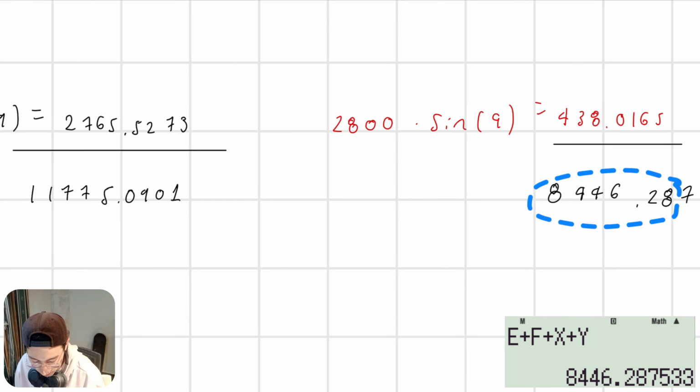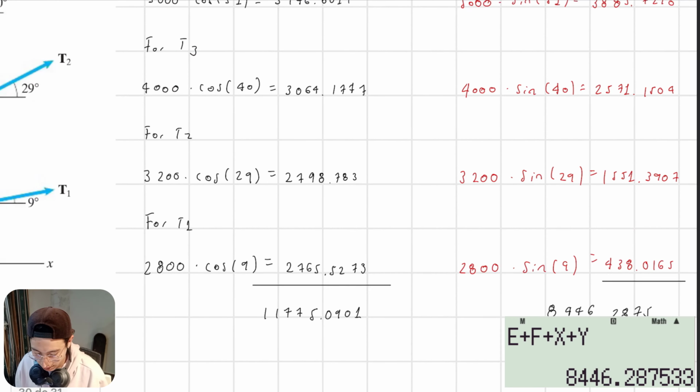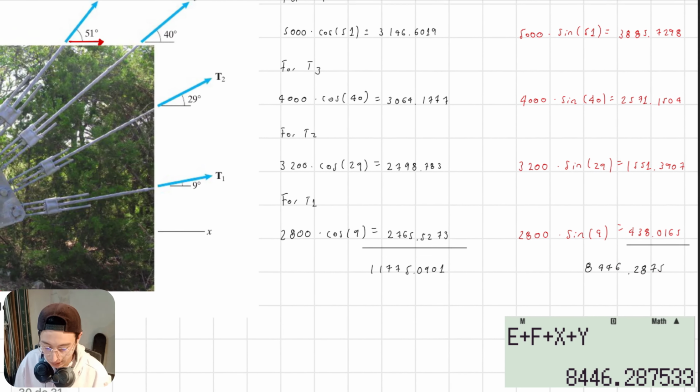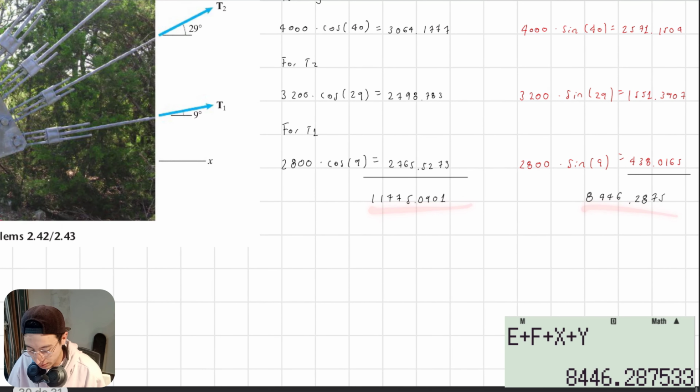I'm out of space, but I like to use 4 significant digits after the decimal point. Now, we have the first component and the second total component.